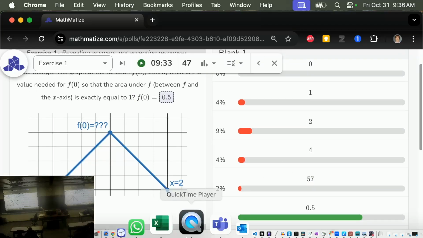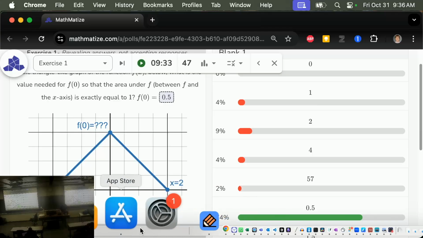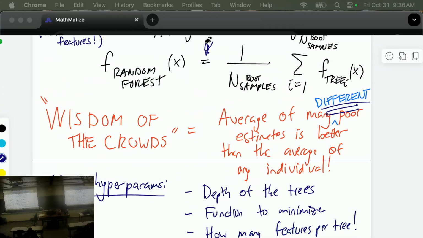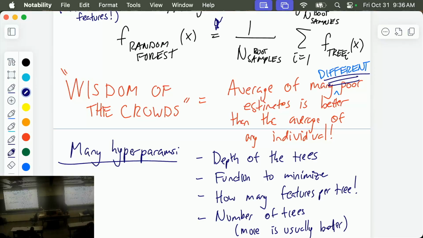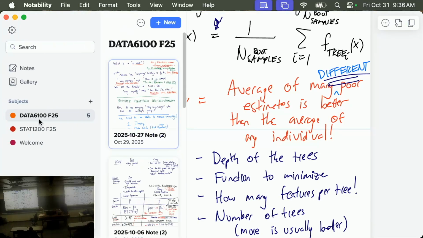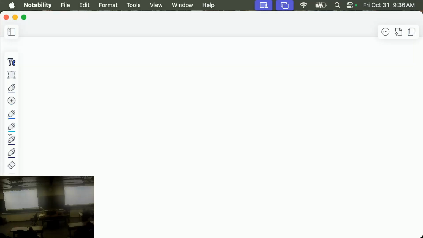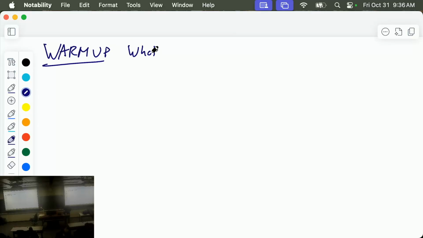Okay, so once again, let me write down a summary of this. This is a little warm-up problem that is going to help us when doing these little calculations. And so we're doing a warm-up. What height makes the area equal to 1?